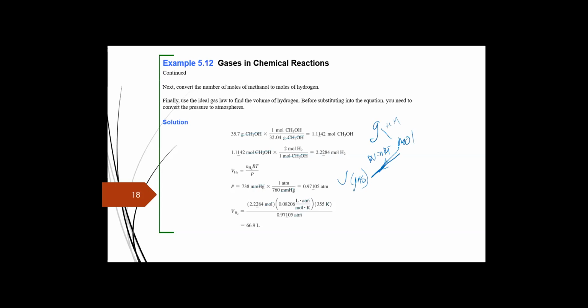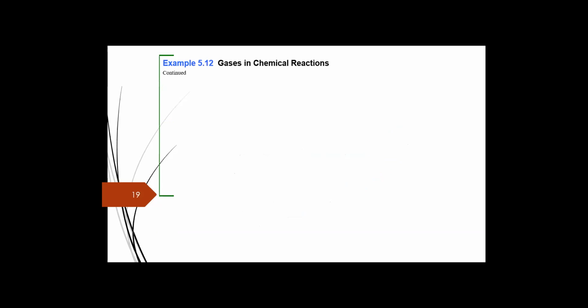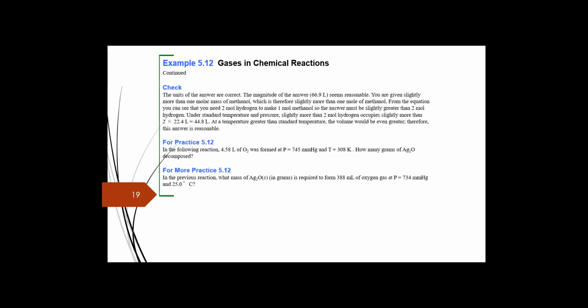Could also be pressures, could also even be from a temperature, right? So we know a lot of information. So there are different ways for us to convert from one to the other. And there are some more practice ones that you can do. Like this one is a good one to practice.